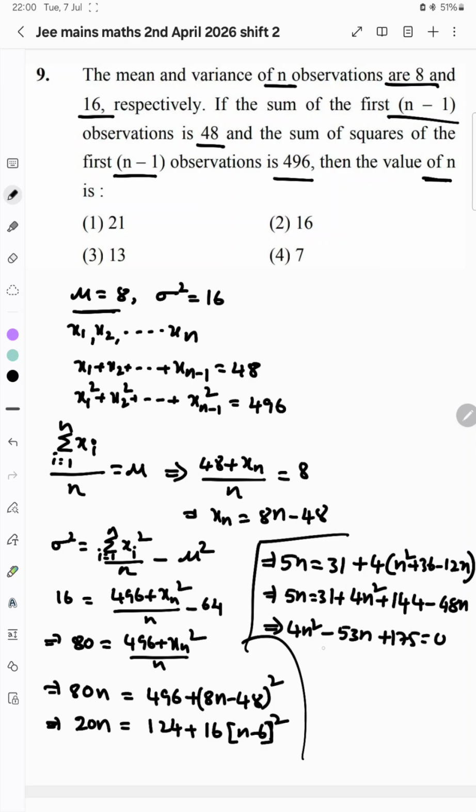The product is 175 into 4, that is 700. The sum is minus 53, so the sum is negative and the product is positive, so both numbers must be negative. Suppose we take 20 as one of the numbers, then the remaining is 33, but that gives approximately 660, and we want 700, so we still have to deviate.